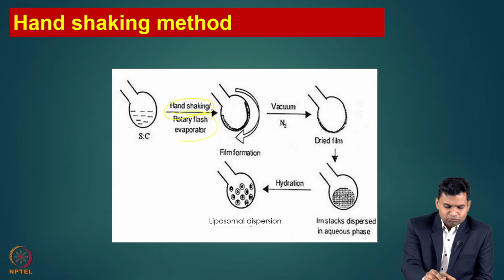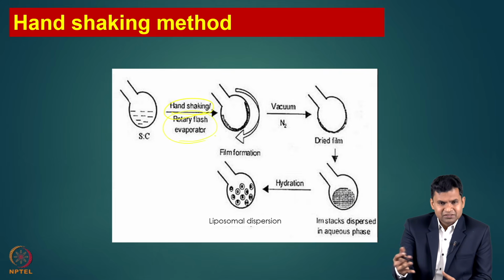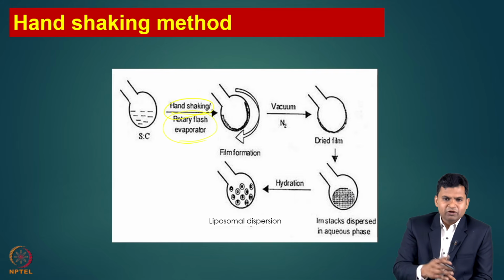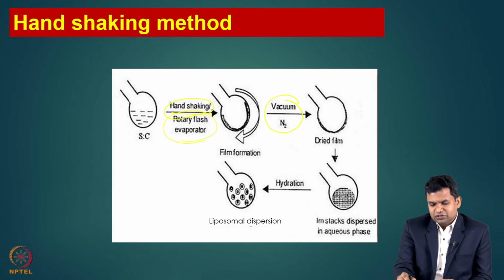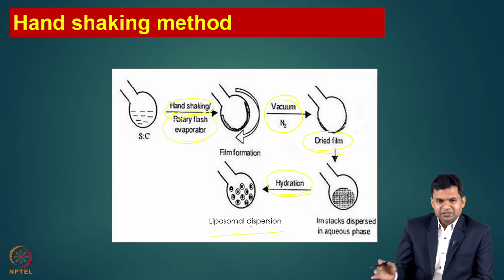Here also, if you want to remove a high amount of solvent, after handshaking you can put it under the rota evaporator, apply vacuum and nitrogen, and once you get the dry film, disperse it with water and you will get a liposomal dispersion. This is the handshaking method.